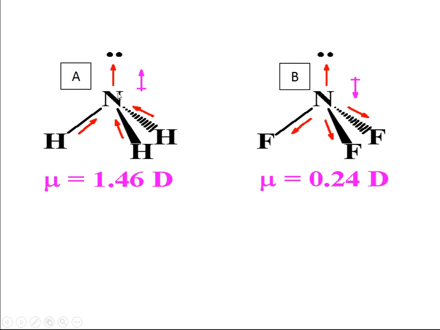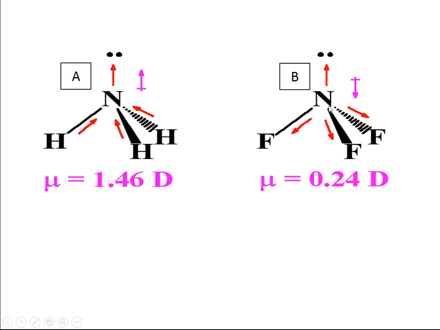In this case, nitrogen is the most electronegative element between nitrogen and hydrogen. So the dipole moments will move from hydrogen to nitrogen, hydrogen to nitrogen, hydrogen to nitrogen. So the total dipole moment of this molecule will be moving up.